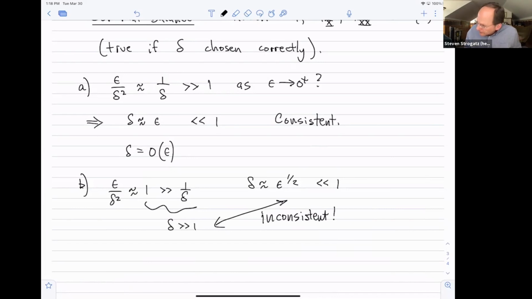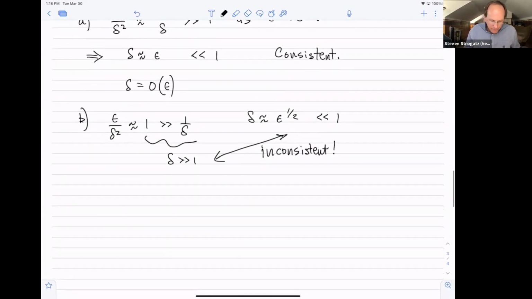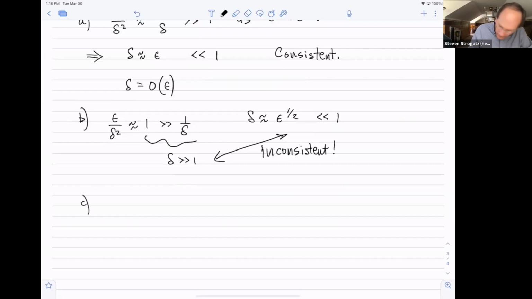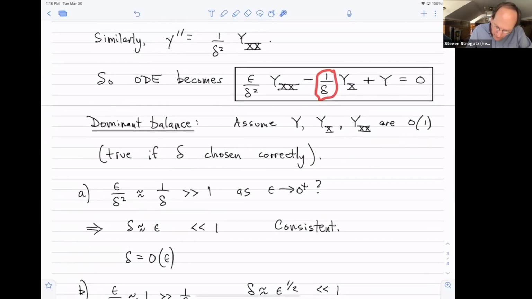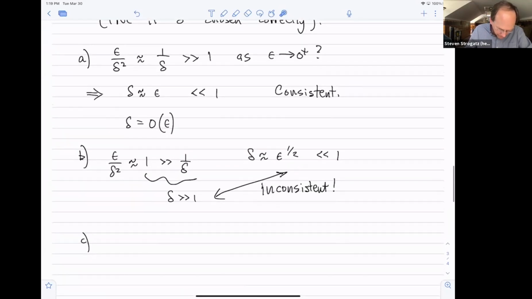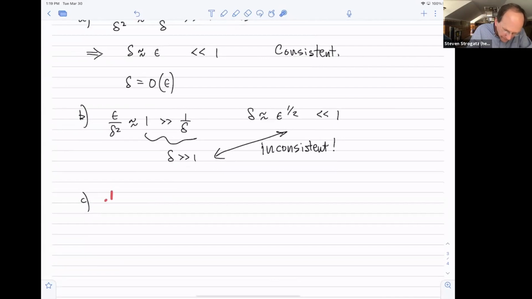And then the final possibility is, what if, again, looking at the equation, we had 1 over delta balancing against 1, but both of them are much bigger than epsilon over delta squared? So that would be 1 over delta balancing 1, but much greater than epsilon over delta squared.